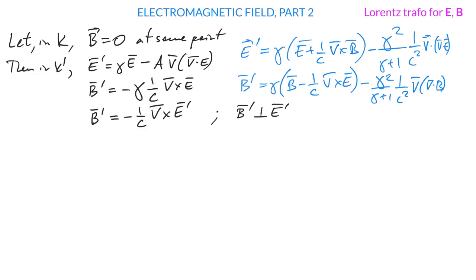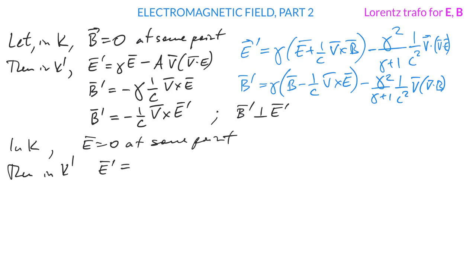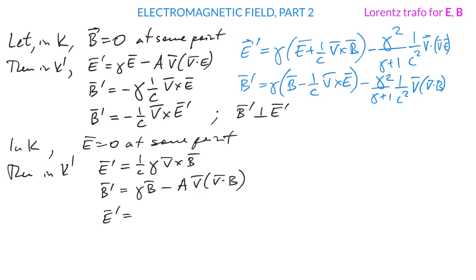Now let's consider another case. If in K, E is 0 at some point, then in any K prime we'll have E prime equals 1 over c gamma v cross B, and B prime is gamma B minus the same coefficient a times v dot B. Now if we compare these two, we'll find that now E prime is equal to 1 over c v cross B prime.